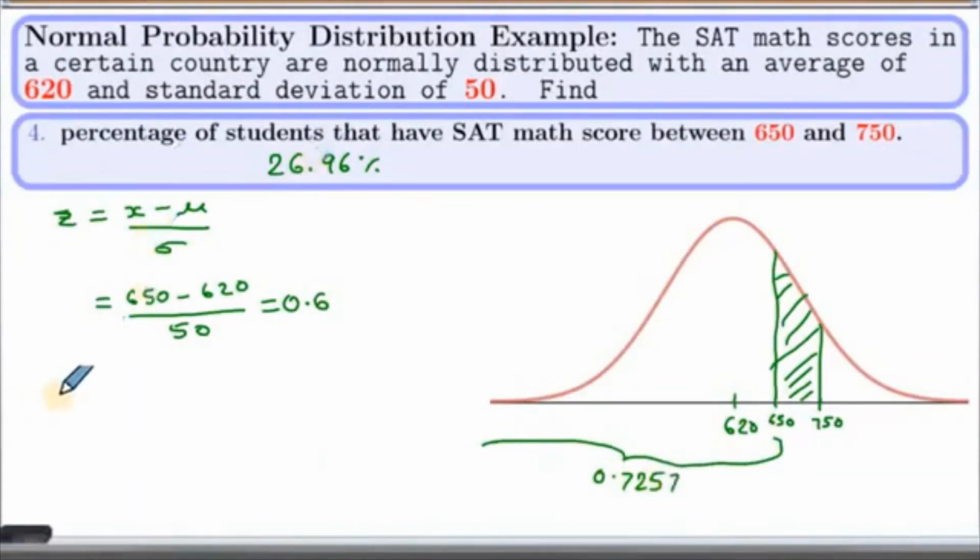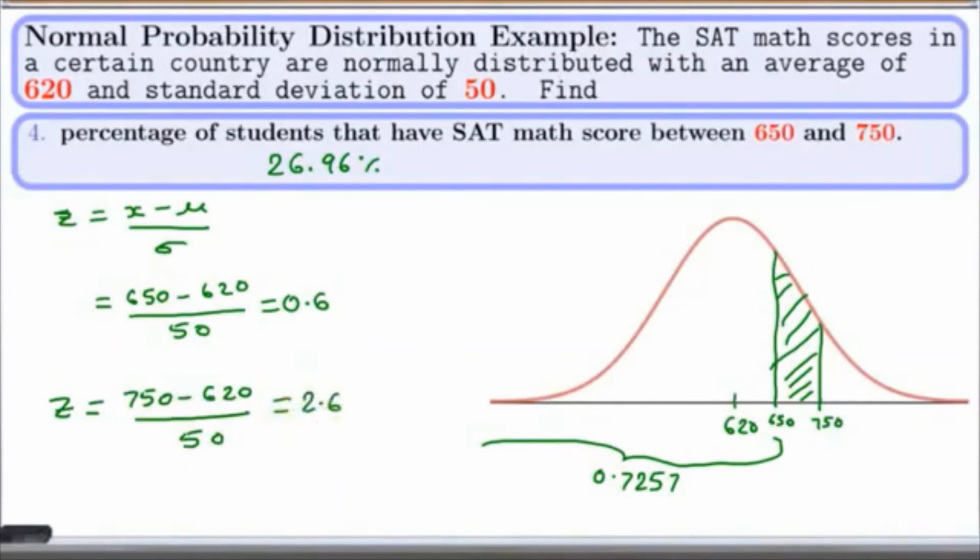Now let's find the z-score for 750. All we need to do is plug in the values in this formula here. We get z equals x, in this case 750, minus the mean 620, over the standard deviation 50. So this comes out to be 2.6. Now, we need to find the area for 2.6 in this table.